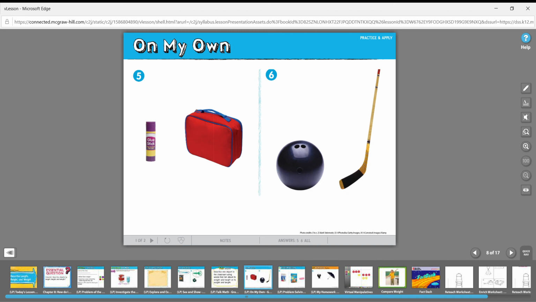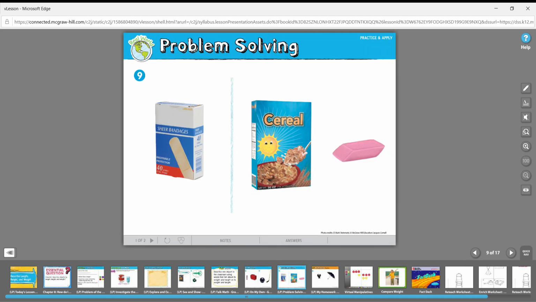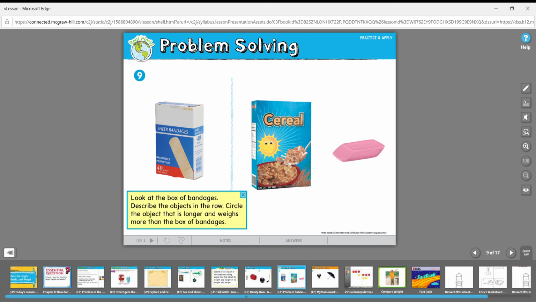And then the very last thing we're going to do is the problem solving on the back. So the problem solving on the back says, look at the box of bandages, like Band-Aids. Describe the objects in the row. Circle the object that is longer and weighs more than the box of bandages.